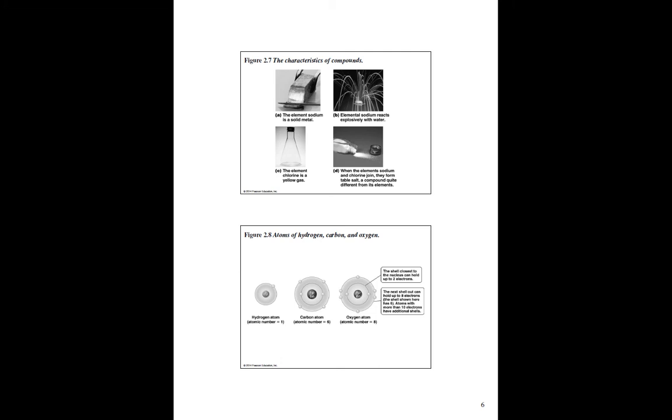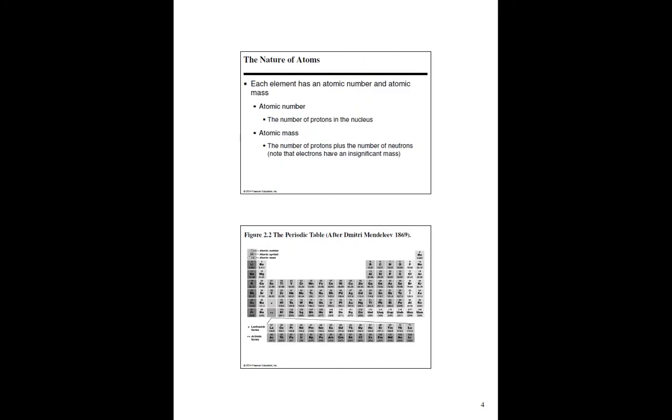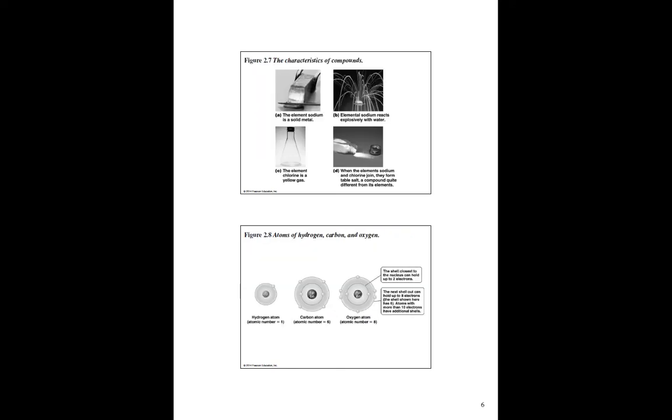And the atomic number of oxygen, if I look in the periodic table, is 8, which tells me that I have, again, 8 protons and 8 electrons. So I can see the 8 protons in the nucleus. There are 2 electrons in the first energy level, and there are 6 in the next energy level, of which I could fit 2 more to make it full. But only if oxygen comes near another atom that has electrons to give up or share is it going to gain those electrons to fill that outer energy level.